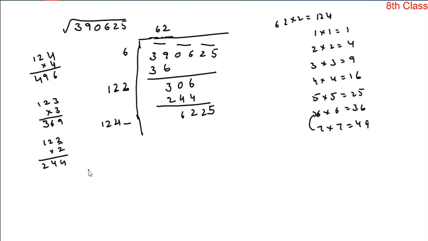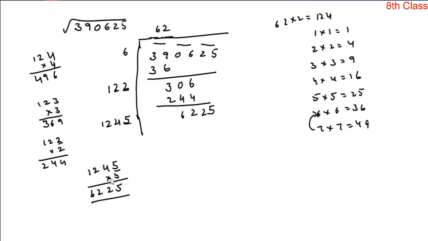Yes, it's very simple. It ends with 5, so I think here the digit is 5. So in case you write that 5 in this blank place, the total number is 1245. This is the new divisor, and multiply that number by the same digit only. 5 5s are 25, 5 4s are 20 plus 2 is 22, 5 2s are 10 plus 2 is 12, 5 1s are 5 plus 1 is 6.